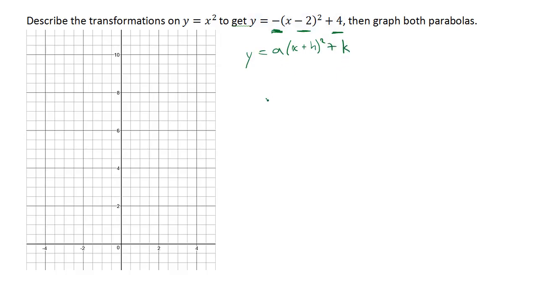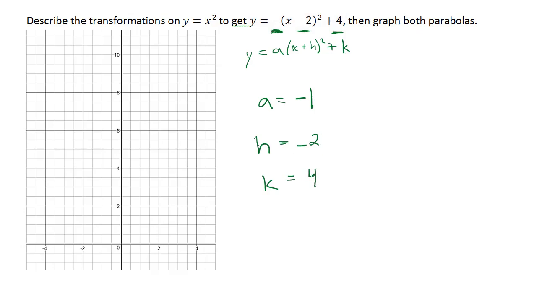So we can see that a must be this number right here. Now if we just have a minus sign, it really means -1. H must be -2. And finally, k must be the number on the end after the exponent, which is +4.